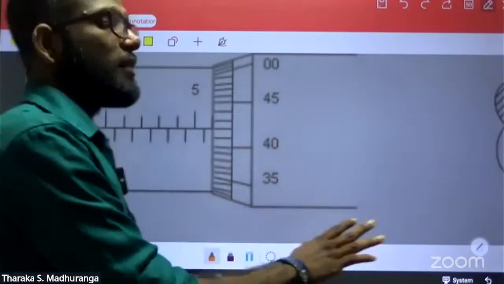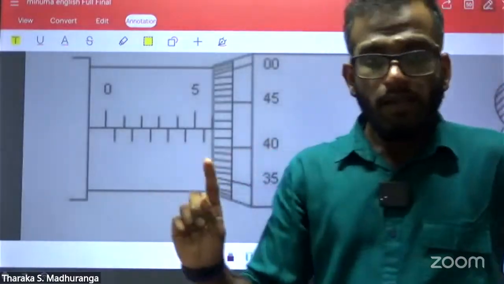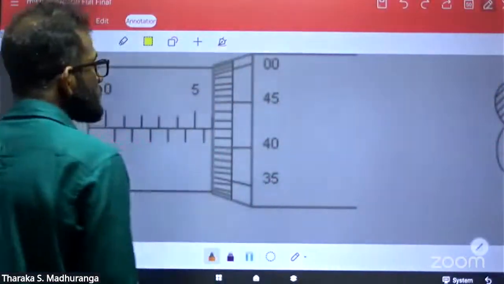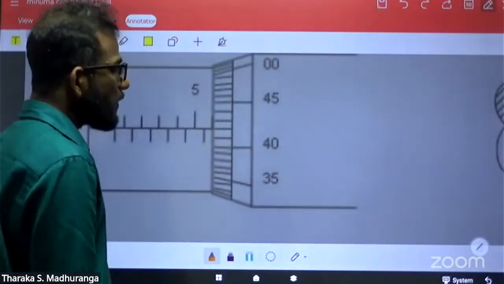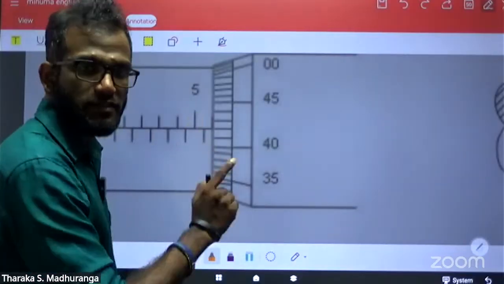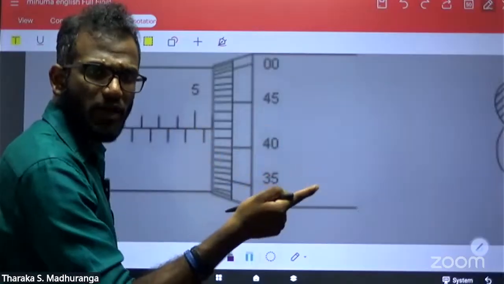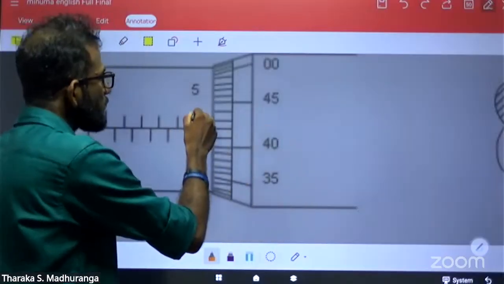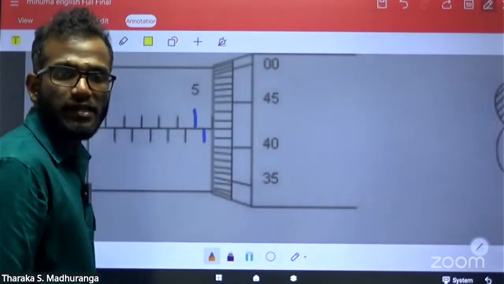No, same method. What is the first step? Get the linear scale value. What is the linear scale value on this one? I told you, you need to get the final value of the linear scale that you can observe. Then this one is 5. Sandeep, there is another line here. What is this value?